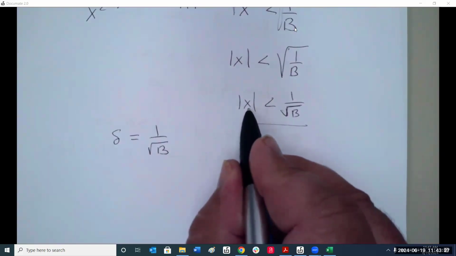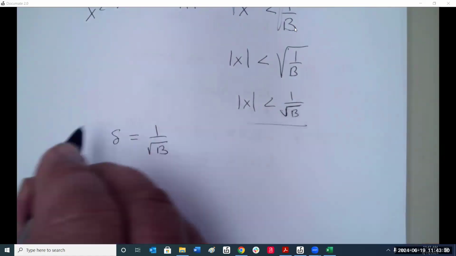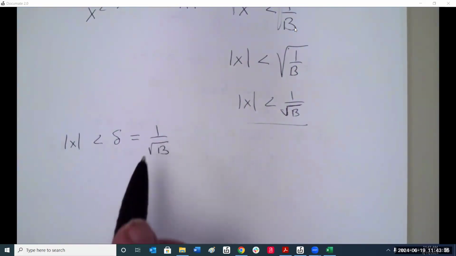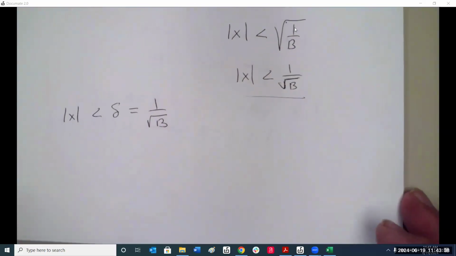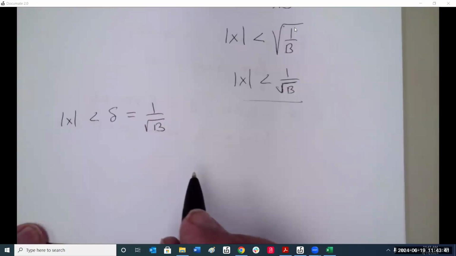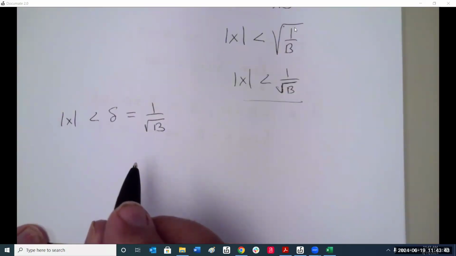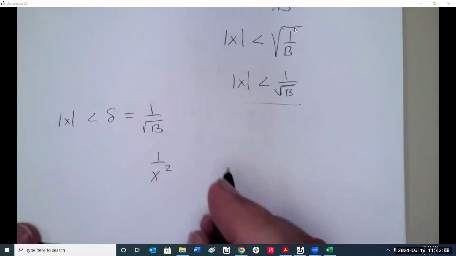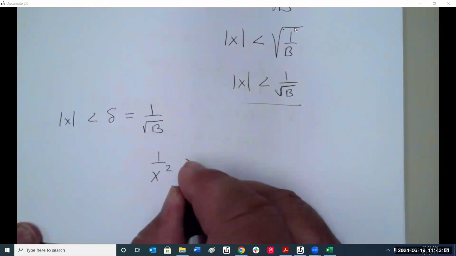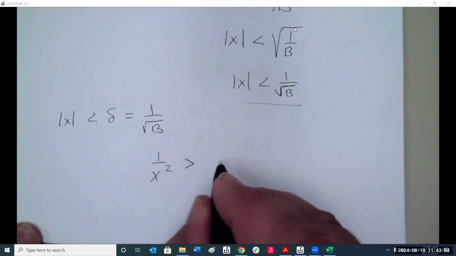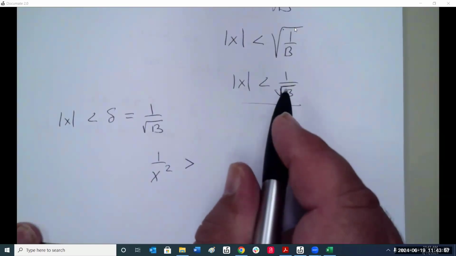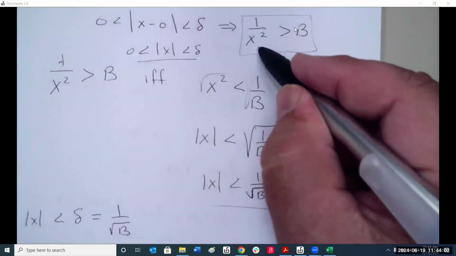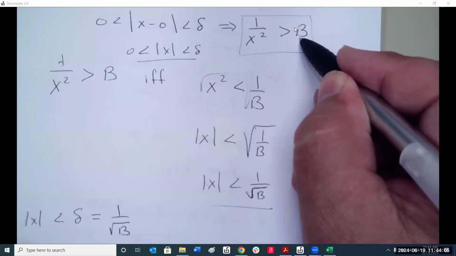So that tells us that our absolute value of x is less than delta, which is less than that. So as we started off, we have this, and that we know is less than, from here, we know 1 over x squared is greater than b.